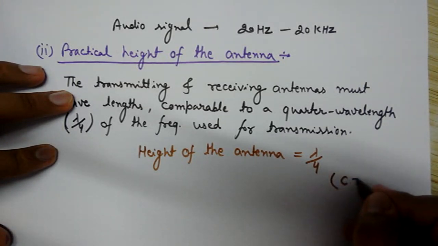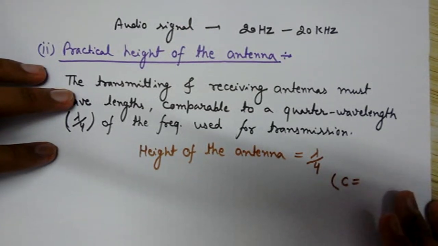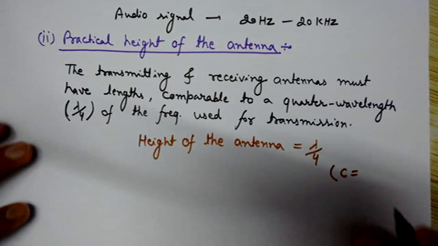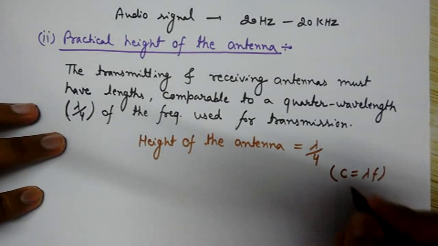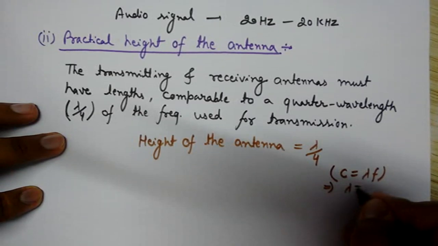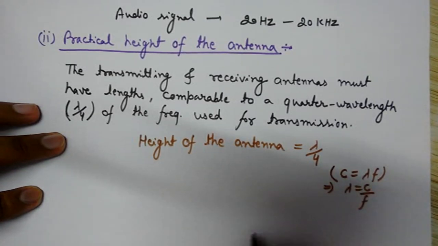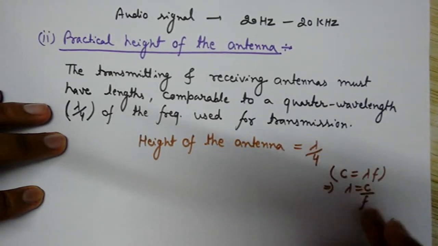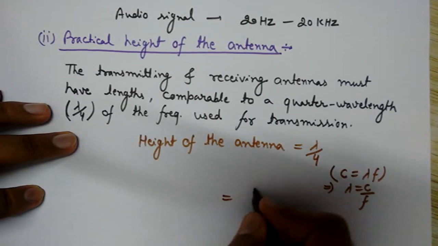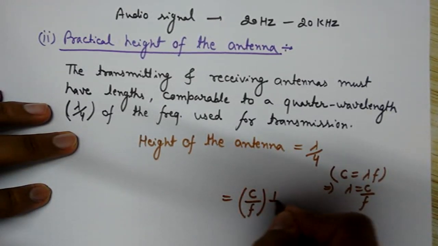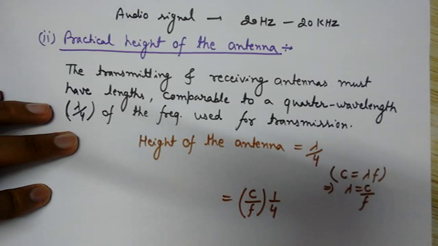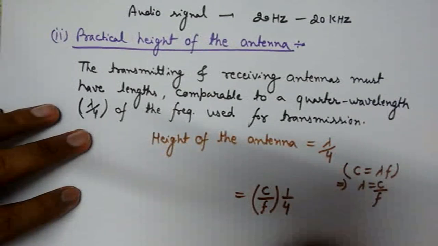Since we know that c is equal to lambda into frequency, this implies that lambda is equal to c by f. So I'm replacing lambda with c by f, so it becomes c divided by f, times 1 by 4. Okay, clear?